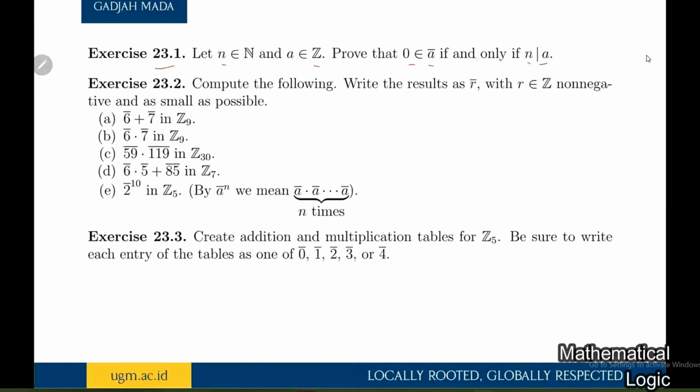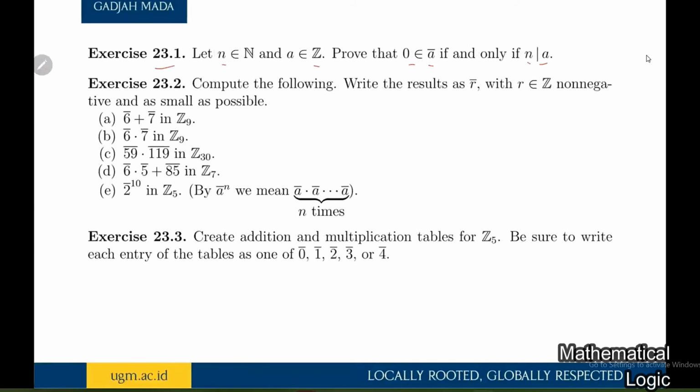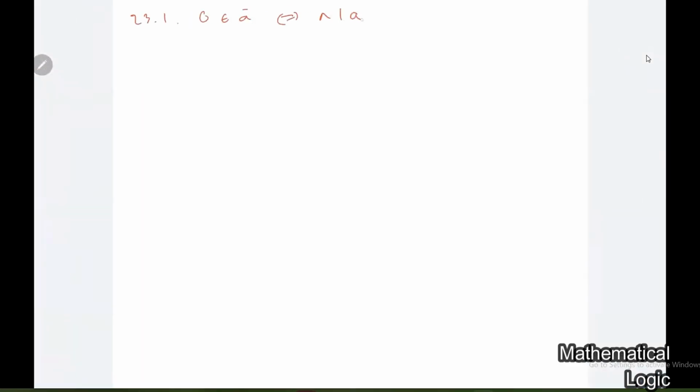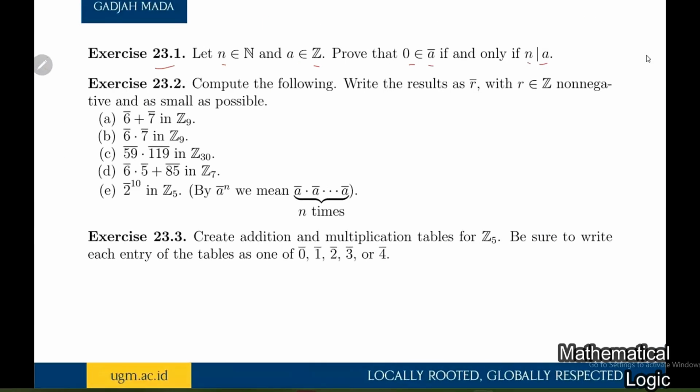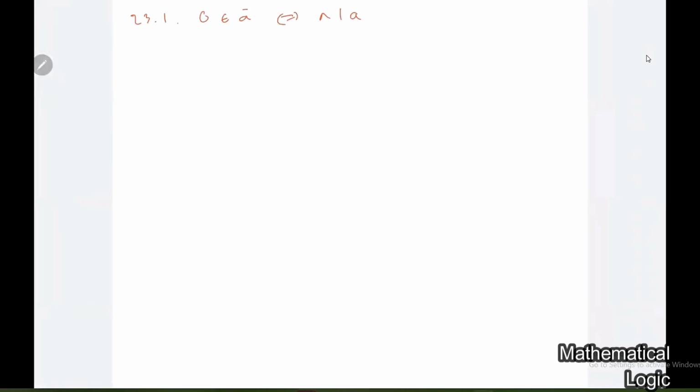So we have two directions: 0 in a bar if and only if n divides a. This one should be in modulus n, right?